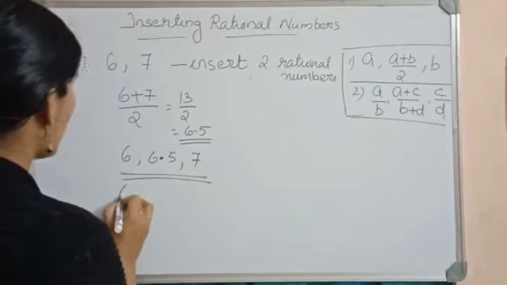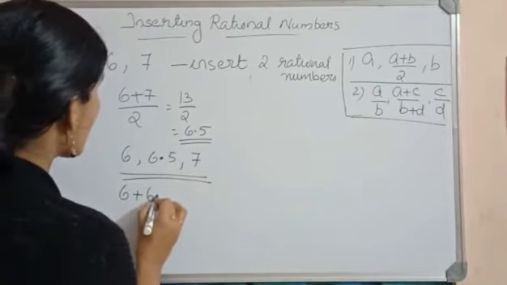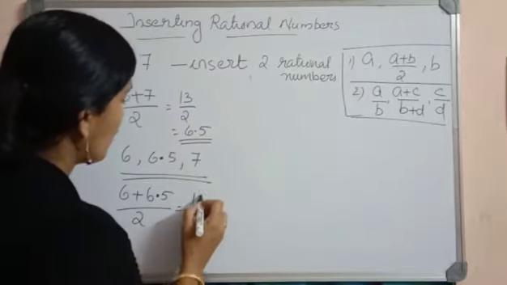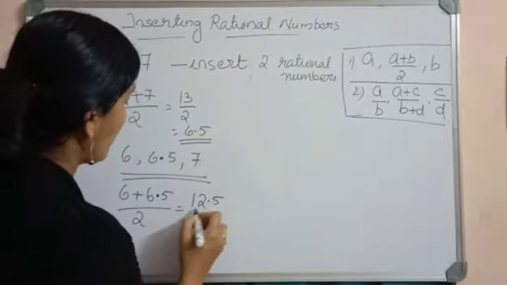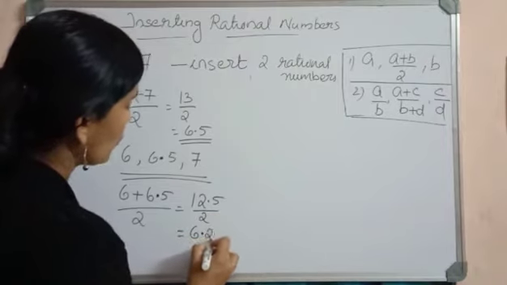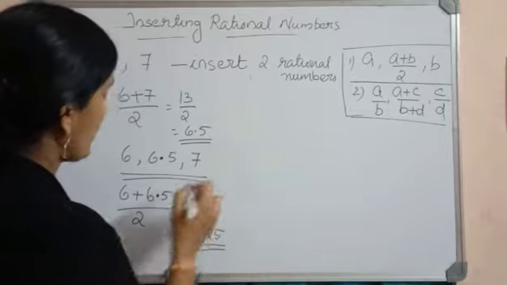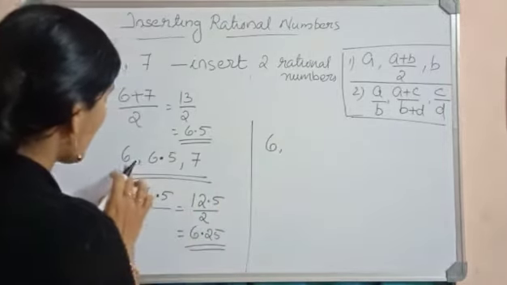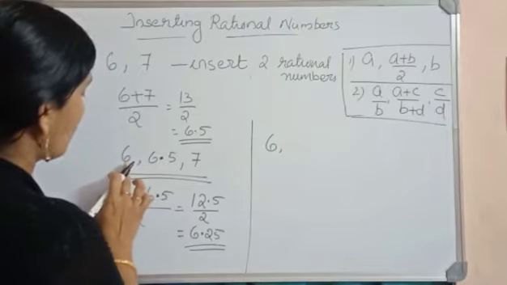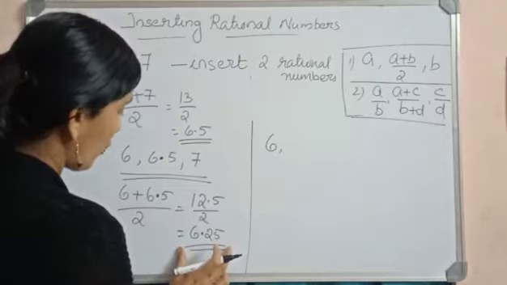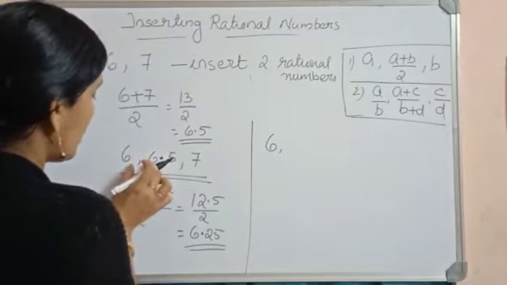Let's consider the first two. Again we can write this as (6 + 6.5)/2. That is 12.5 by 2. That is the same as 6.25. Since we have considered 6 as well as 6.5, the number that we have obtained here should be written in between these two.